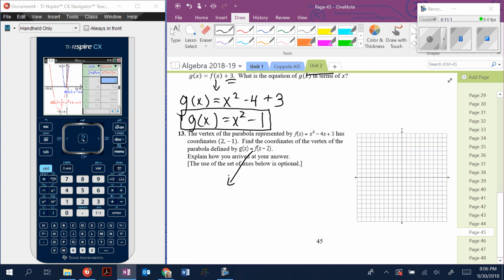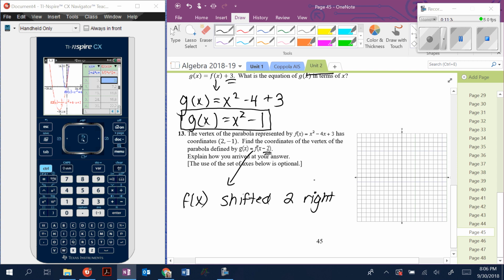It moves 2 to the right. So f of x shifted 2 to the right.